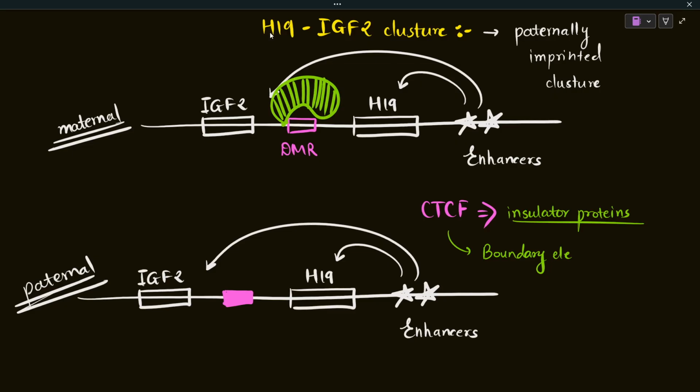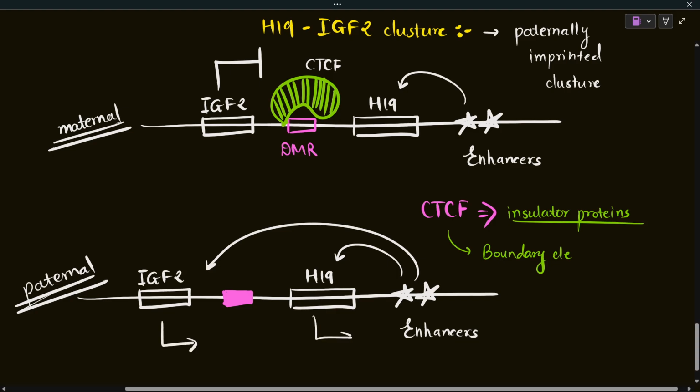Now CTCF is bound here, so the enhancer can only control H19, and IGF2 will not be expressed because there is a boundary element. But in the paternal allele, as the CTCF binding site is methylated, the enhancer can control both H19 and IGF2, so there will be expression of both.